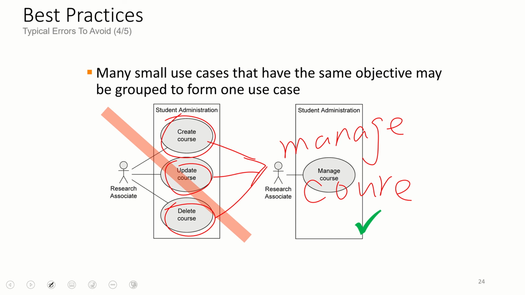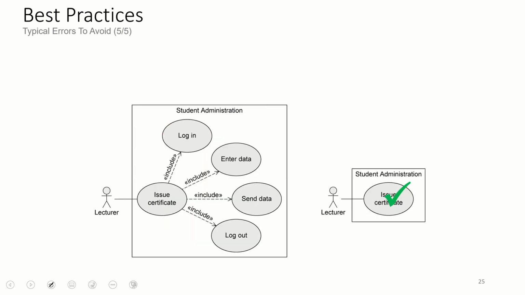They all belong to one functional requirement. If we only make one use case, it makes the diagram easier to understand for the user, especially for the developer.